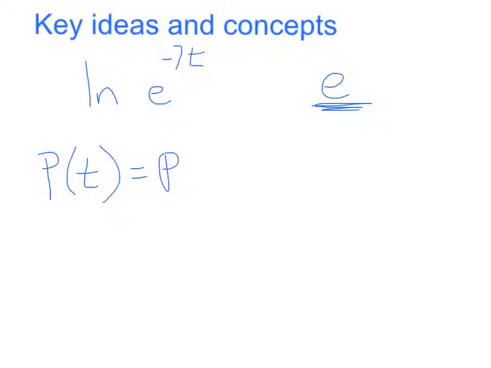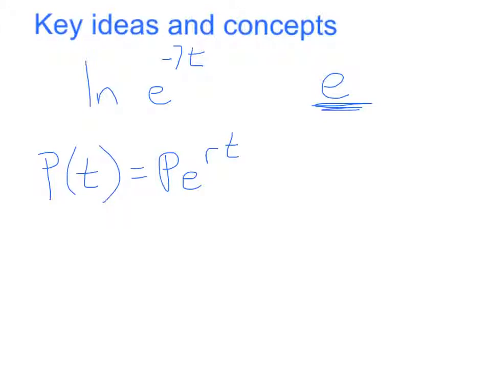All right, for skill 68, a few things that we should be able to do is we should be able to simplify natural log expressions that have the value e in it, and we should understand how to use the value e. Most commonly we'll see it in compounded continuously equations where we have like P of t equals our principal times e to our rate times time.